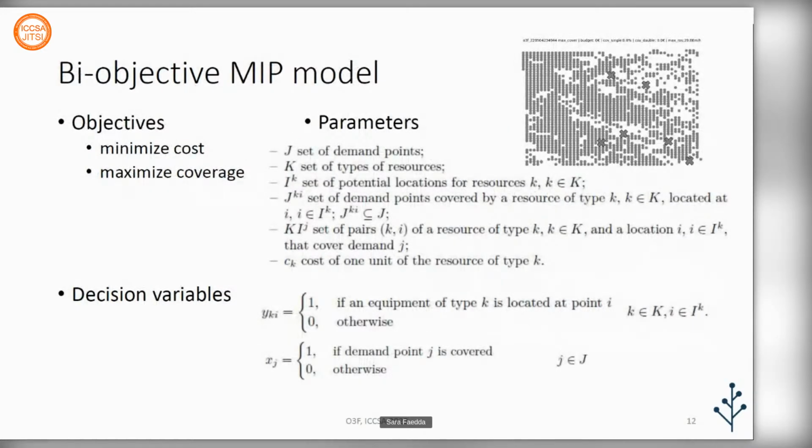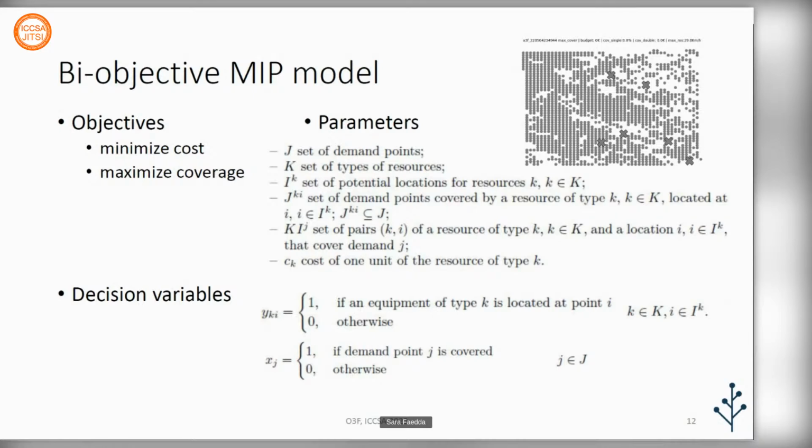This is our first model for this location problem, where we have three types of drones, each one with a cost and a range, and we want to minimize the money that we spend buying the drones. At the same time, we want to maximize the coverage.